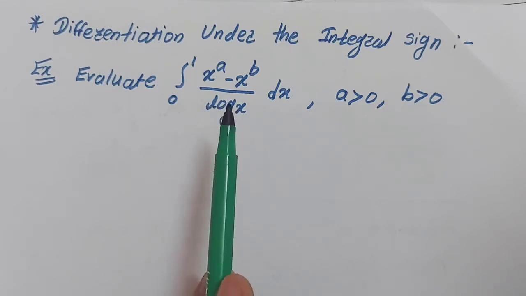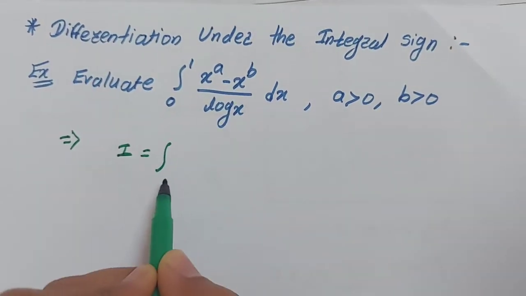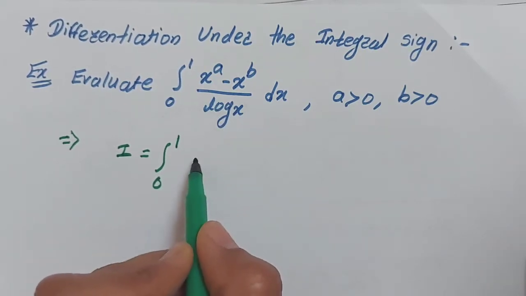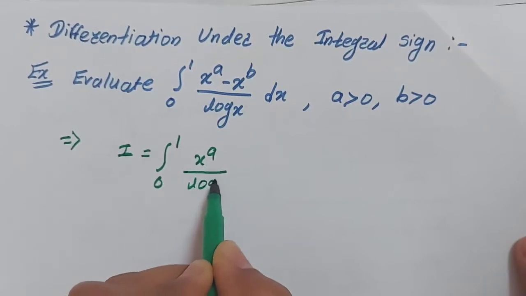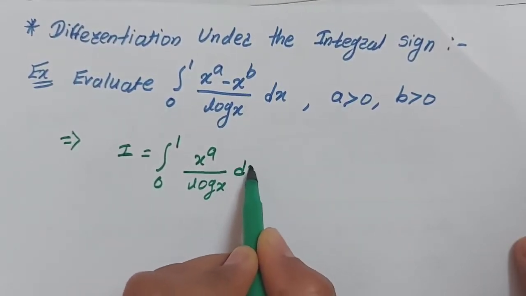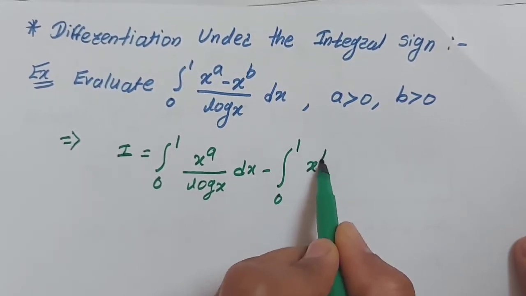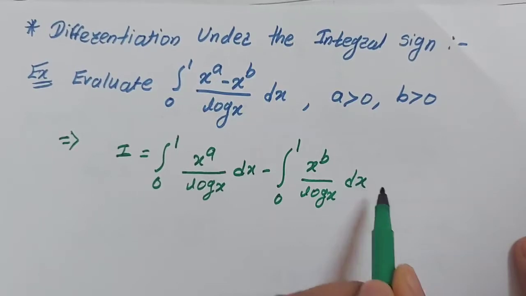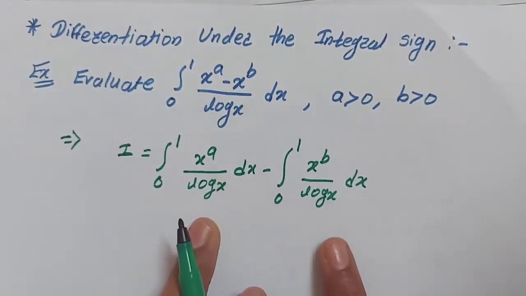For that, we separate this term by the base. Then we get the integral from 0 to 1 of x^a divided by log of x dx, minus the integral from 0 to 1 of x^b divided by log of x dx, because we know that we can separate the integration in addition and subtraction.